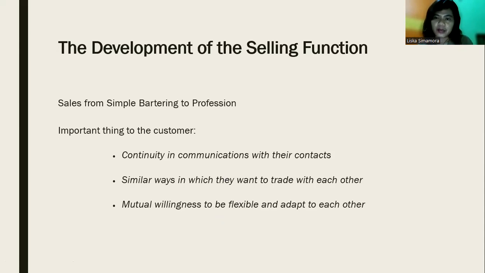For example, maybe they're from middle to low income. The segmentation is the same, but their personality is different. How they treat you, how they respect you is different. So you have to be willing to adapt to the situation.